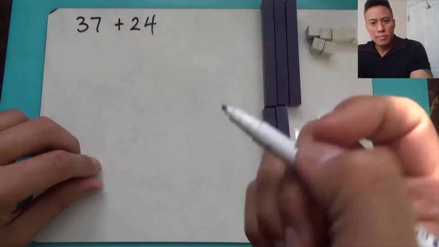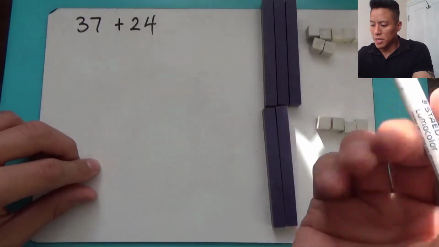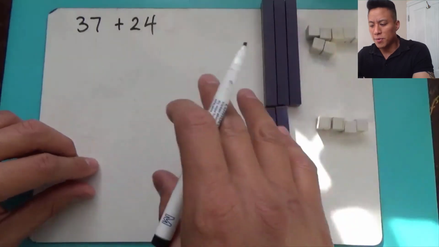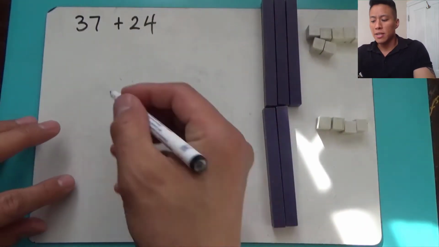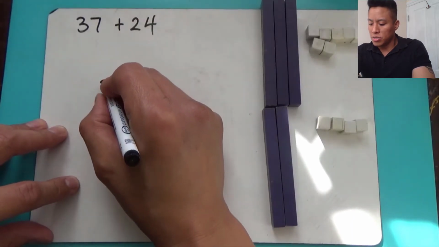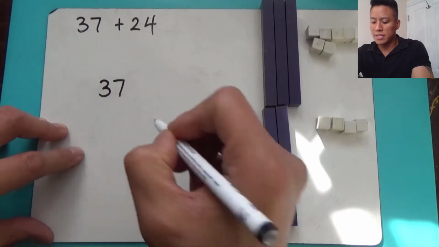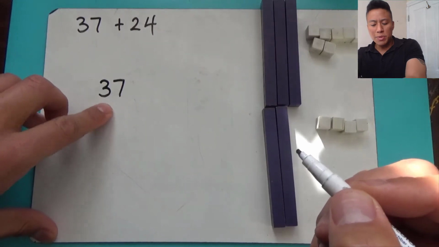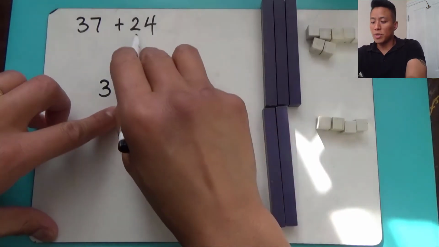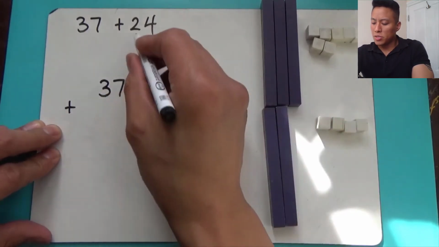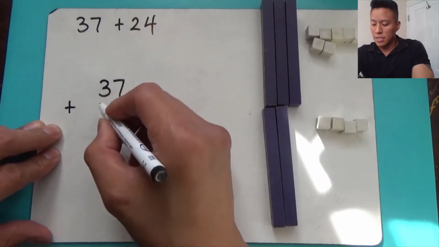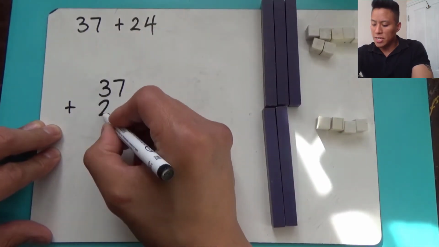Now let's go over how we did it before using the Dienes blocks, and I'll show you how we're going to work it using the column method. Let's lay it out again. The column method shows us the 3 tens and the 7 ones. I've already put my tens place and ones place down, so when I'm writing down 24, the 2 for 2 tens goes underneath the 3 tens.